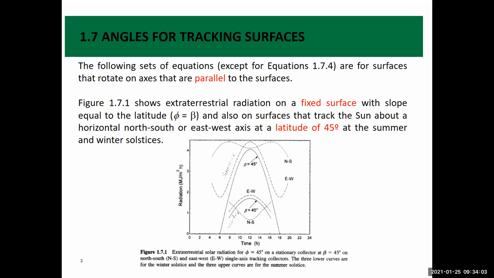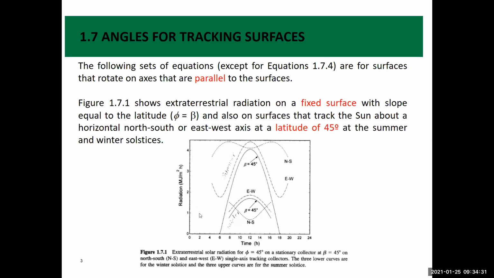This surface is tilted 45 degrees. This is the amount of solar radiation, limited between 6 o'clock in the morning and 6 o'clock in the evening, and it's fixed. So there is little radiation in the morning. It comes to a peak around noon, and then it falls back again until the sun sets at 6 o'clock.